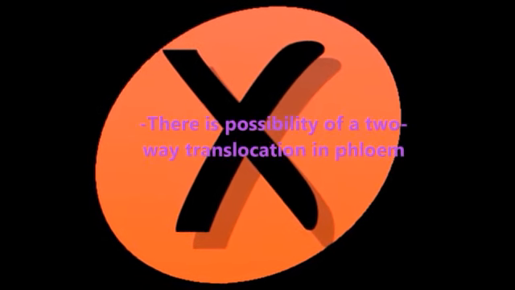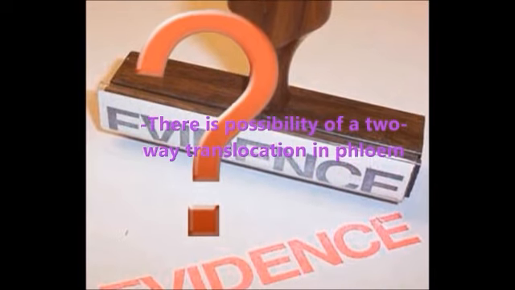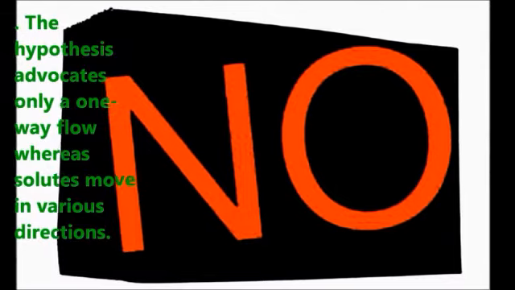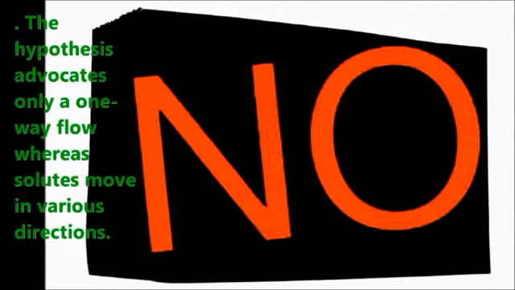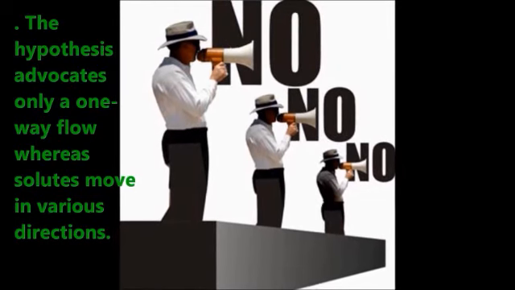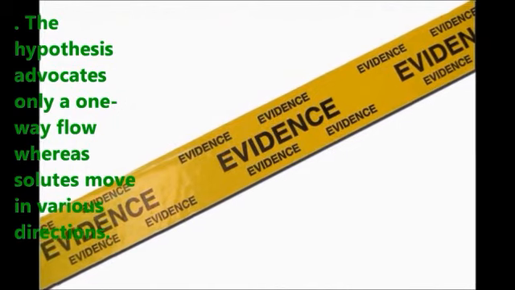There is the possibility of two-way translocation in the phloem. However, the mass pressure hypothesis advocates only a one-way flow, whereas solutes move in various directions.